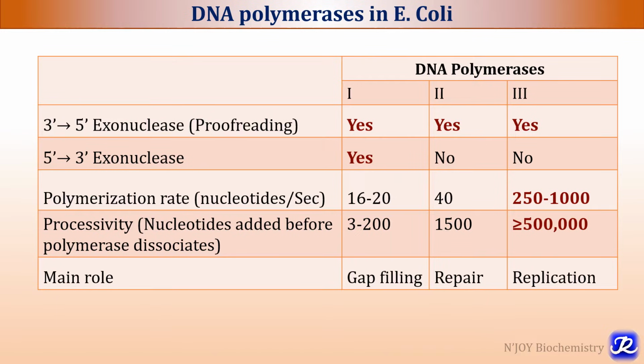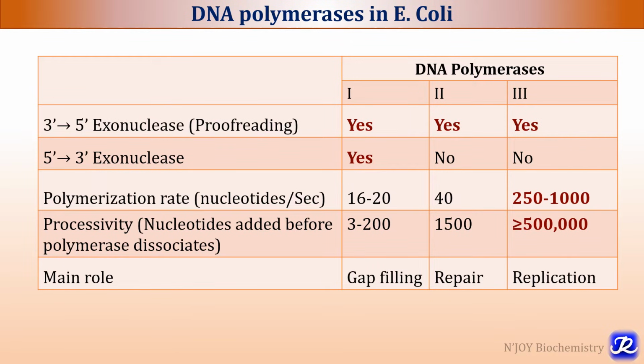The polymerization rate, that is the number of nucleotides added per second during replication, is highest for DNA polymerase 3: 250 to 1000 nucleotides per second are added. Processivity refers to the number of nucleotides added by the enzyme before it dissociates from the DNA template, and processivity is also highest for DNA polymerase 3, leading to the fastest chain elongation.